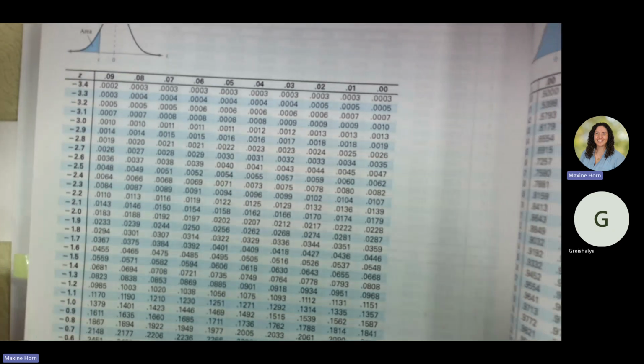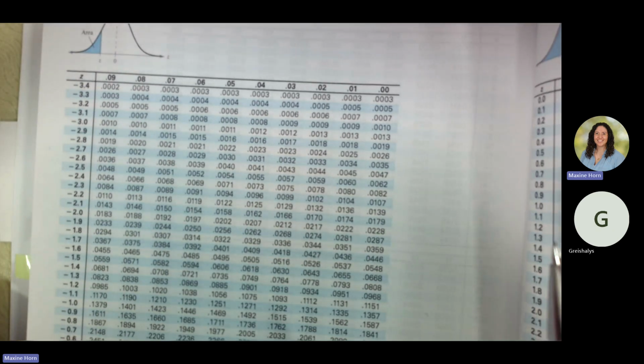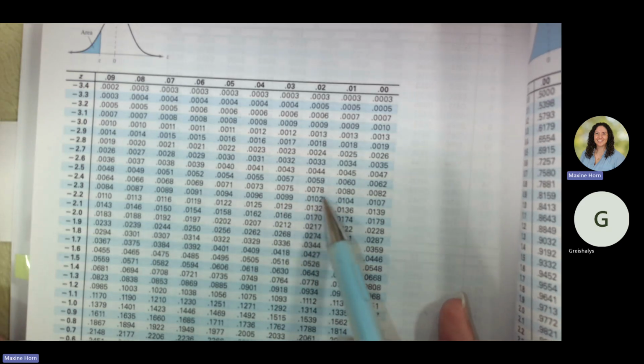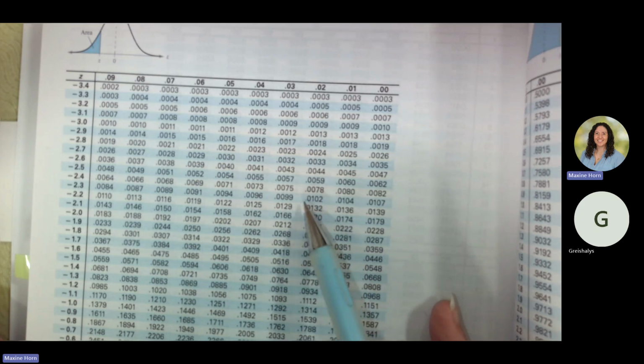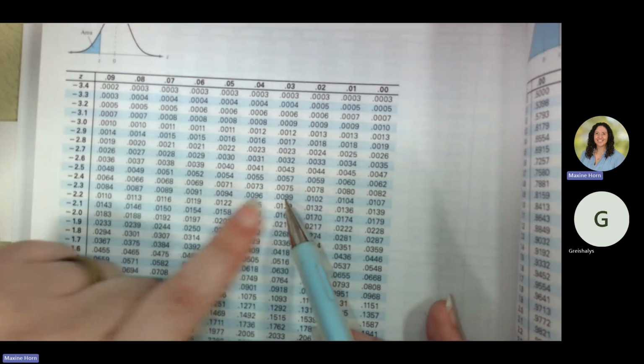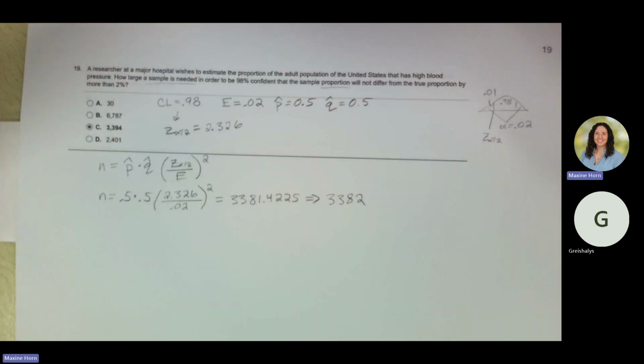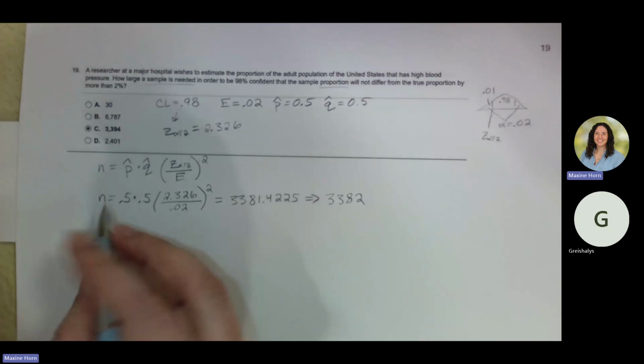This gives me 2.33, so I'm going to use a z-score of 2.33 rather than going that many decimals.